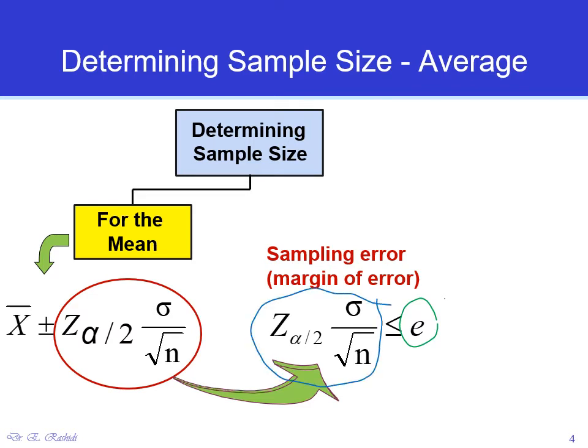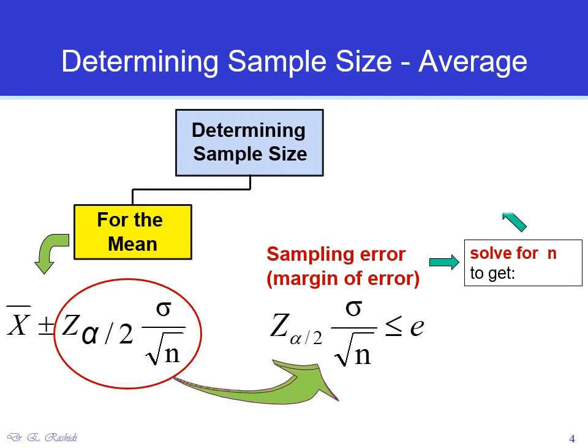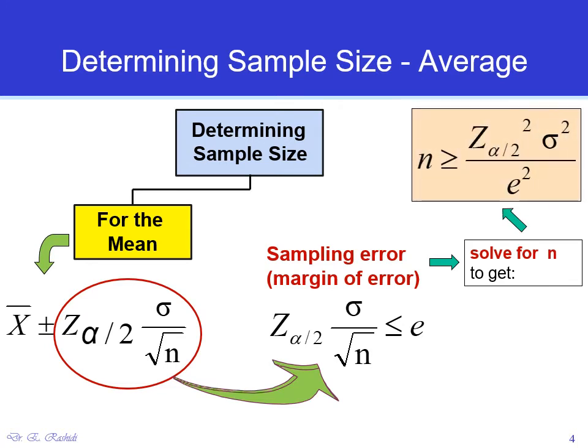So from here, you can actually solve for n. And you get this value. n should be greater than this value: z of alpha over 2, the critical value, squared, times sigma squared, over E squared. So n should be either equal to this value at least or greater than this value.